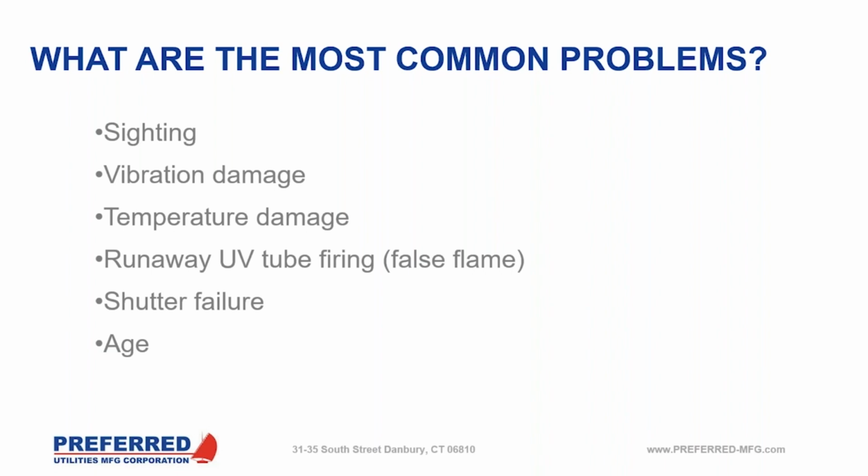The shutter failure does happen. It's a mechanical device. It's basically a solenoid that is operating that shutter to close off that view, and that can fail also. And age, of course. Some of these will run for 10 years, some of them will run 3 or 4 years. Usually with a self-checking scanner, the shutter will fail before the tube does if it's installed properly, and will need to be replaced. So having a spare, again, is important on a critical application.